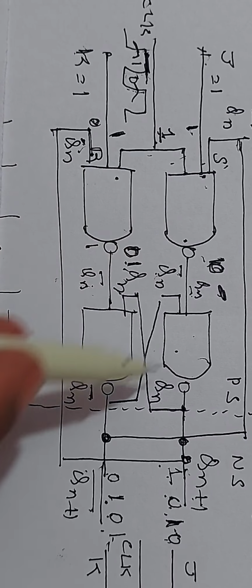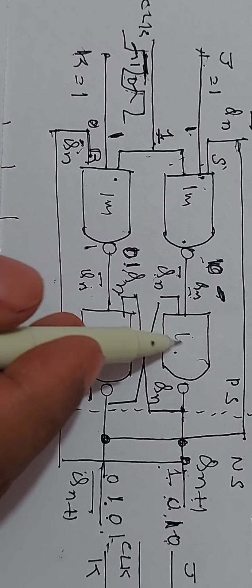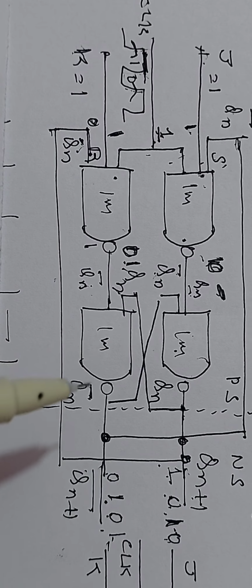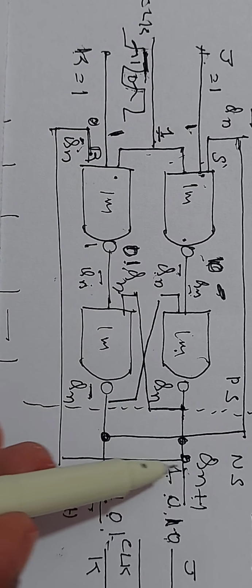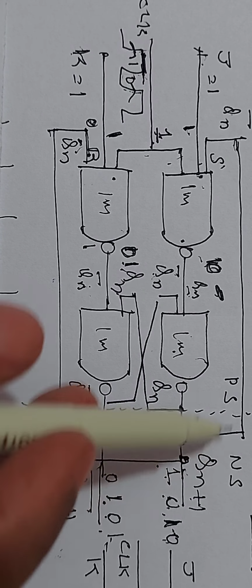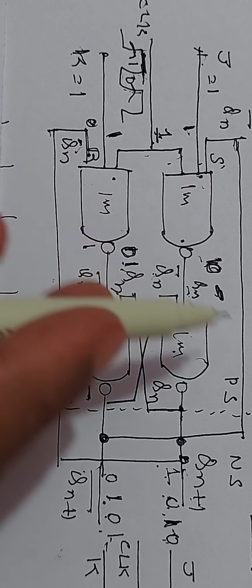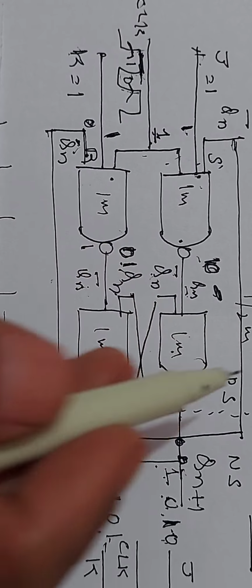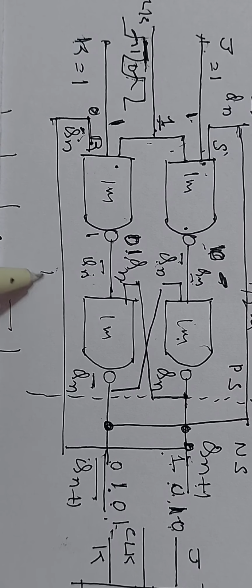Let all the NAND gates take 1 millisecond to produce the output. And here feedback is given, so the output of this is fed back to the input. In order to move the output from here to here, let it take half millisecond. Here also, to move from here to here, let it take half millisecond.